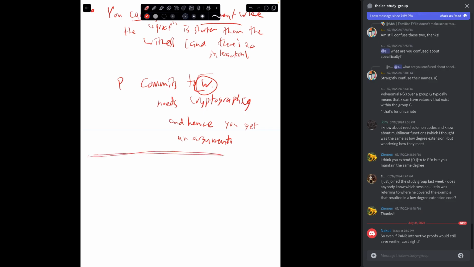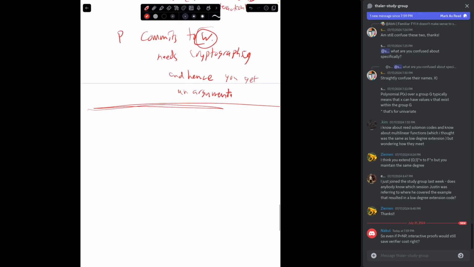So okay, let me just say some things about Fiat Shamir security right now. In general, if you apply the Fiat Shamir transformation to a protocol with k rounds of interaction, if k is big, you can have a massive loss of security.